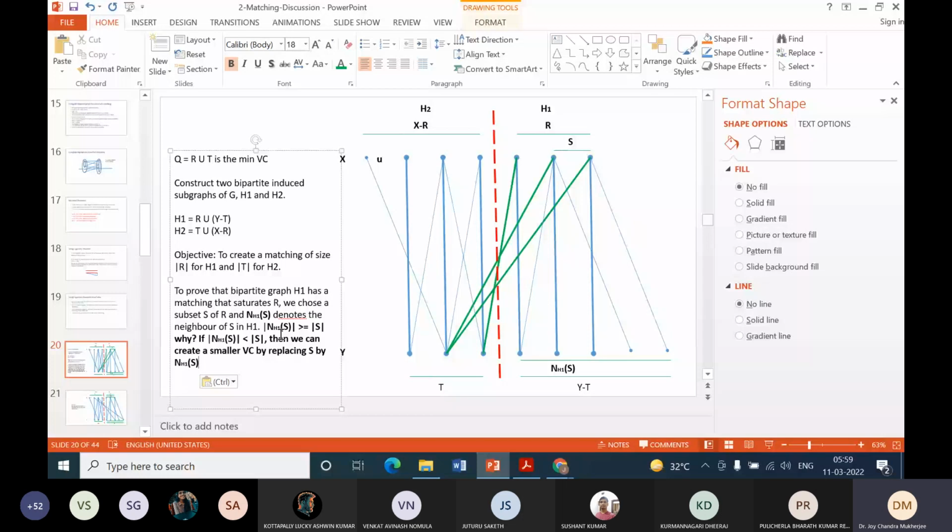If N_H1(S) is less than S, then we can create a smaller vertex cover by replacing the vertices in S by the vertices of N_H1(S).